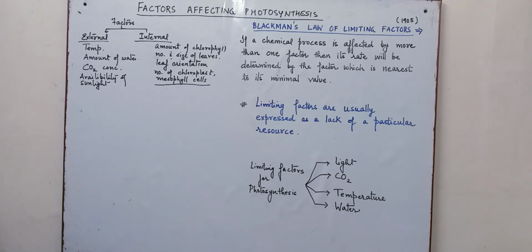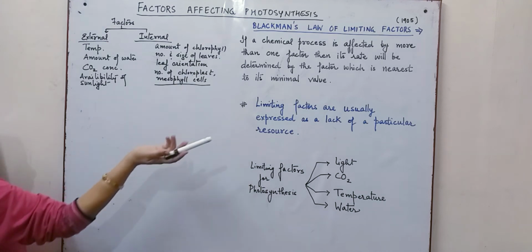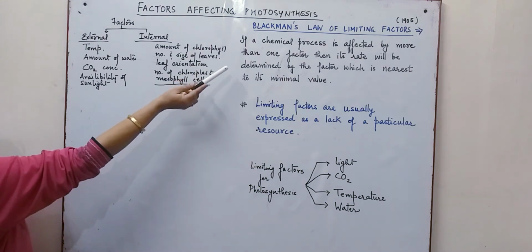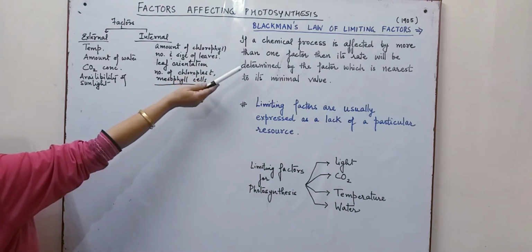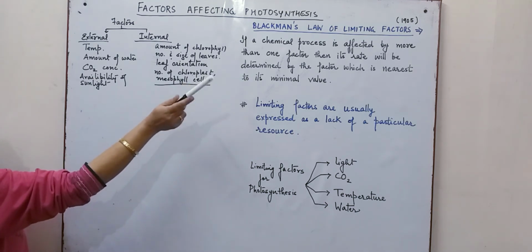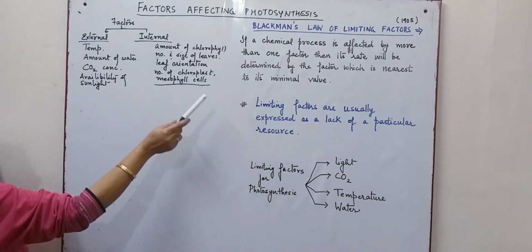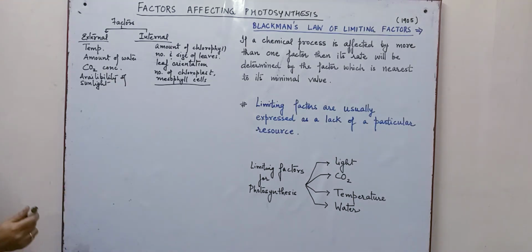So Blackman came up with his law of limiting factors in 1905, and it says that if a chemical process, and over here we are talking of photosynthesis as a chemical process, is affected by more than one factor, then its rate will be determined by the factor which is nearest to its minimal value.